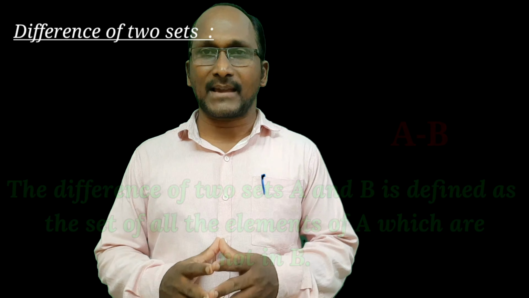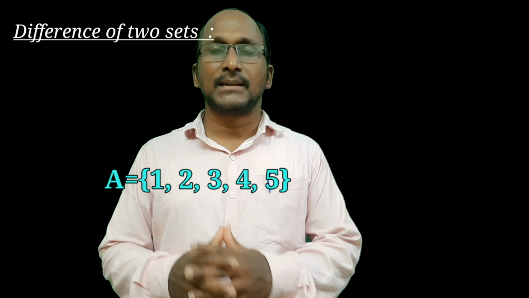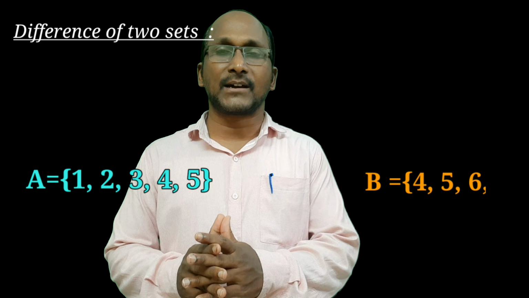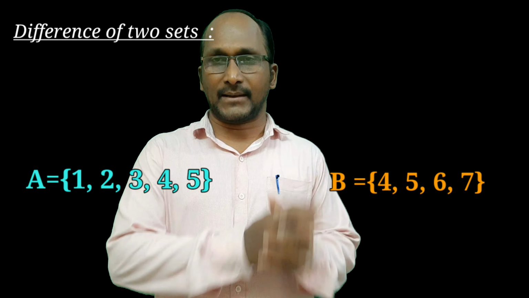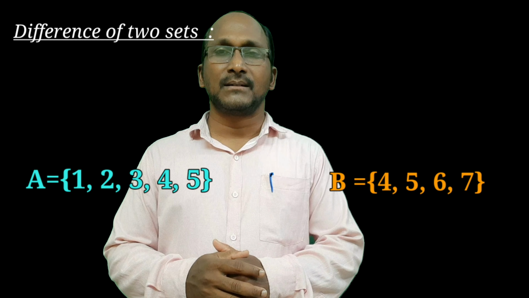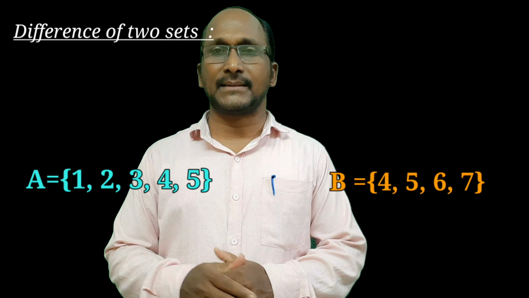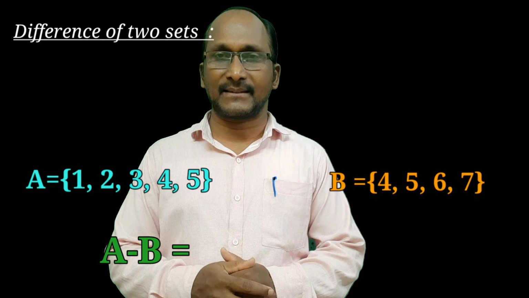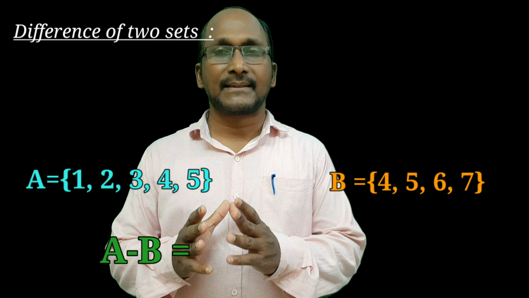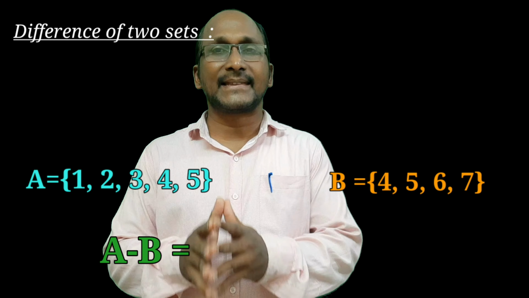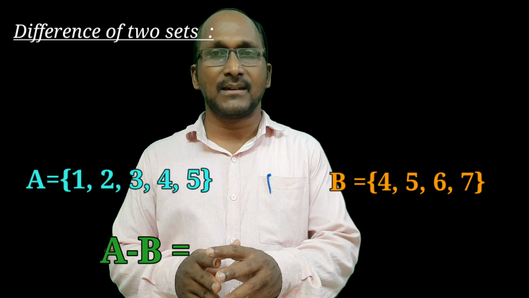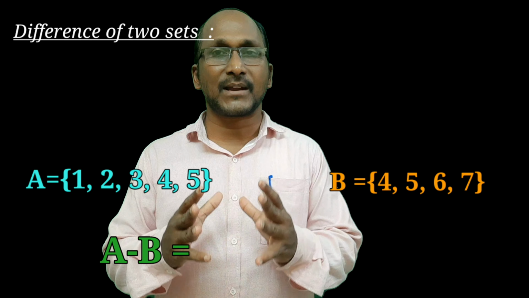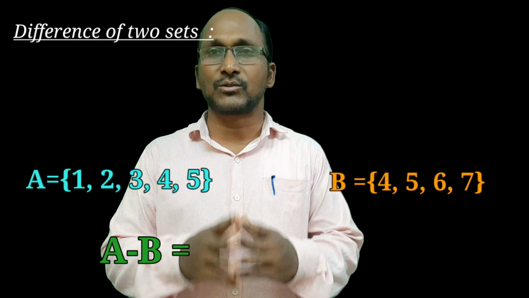Now let us take one example. A is equal to set of 1, 2, 3, 4, 5 and B is equal to set of 4, 5, 6, 7. Now let us find the difference between the sets A and B, that is A minus B. By the definition of the difference of two sets, we have to consider the elements which belong to A. Those elements should not belong to B. So what are the elements which belong to A and not belong to B?